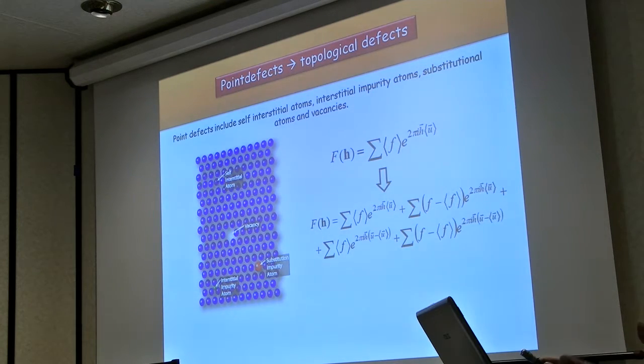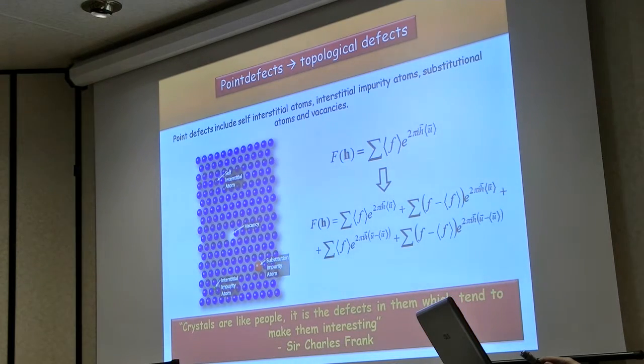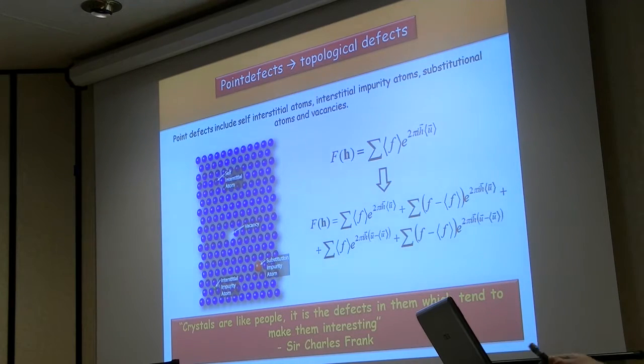When you dope a material, as in semiconductors or superconductors, usually the defects are at high concentration in the material. There is a saying that I like: defects tend to make materials interesting, as with people.